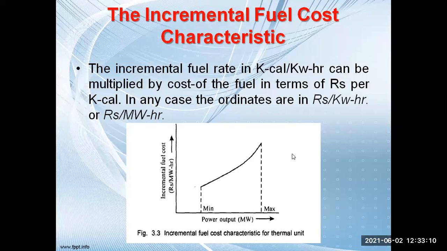That's why the characteristic does not change, only the unit of the y-axis changes. The incremental fuel rate in kilocalorie per kilowatt hour or megawatt hour can be multiplied by the cost of fuel in rupees per kilocalorie. In any case, the ordinates will be rupees per kilowatt hour or rupees per megawatt hour. So that we have seen: how to derive the incremental fuel cost from the incremental fuel rate.